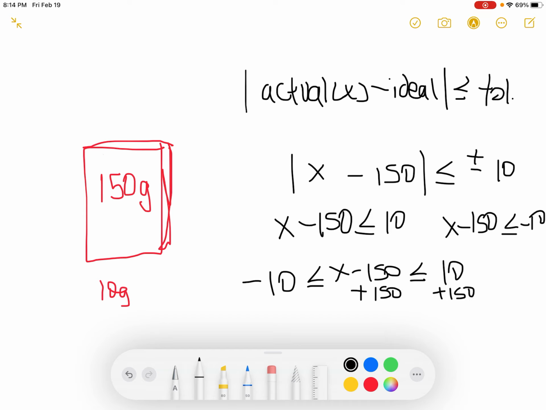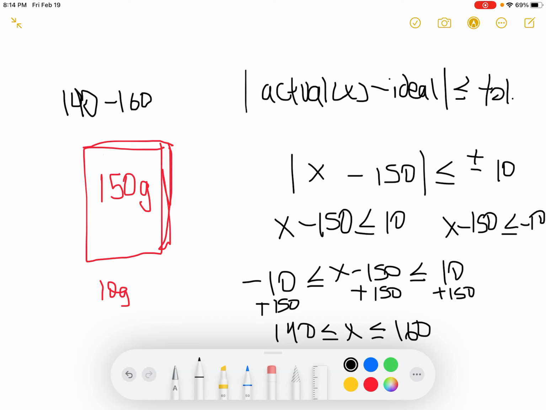This time it's really three sides. Then we get 140 is less than or equal to x, which is less than or equal to 160, which means that for this company to not be sued, it would have to be from 140 to 160 inclusive. So it could be 140 or 160. That's the point of that. So that's what tolerance is.